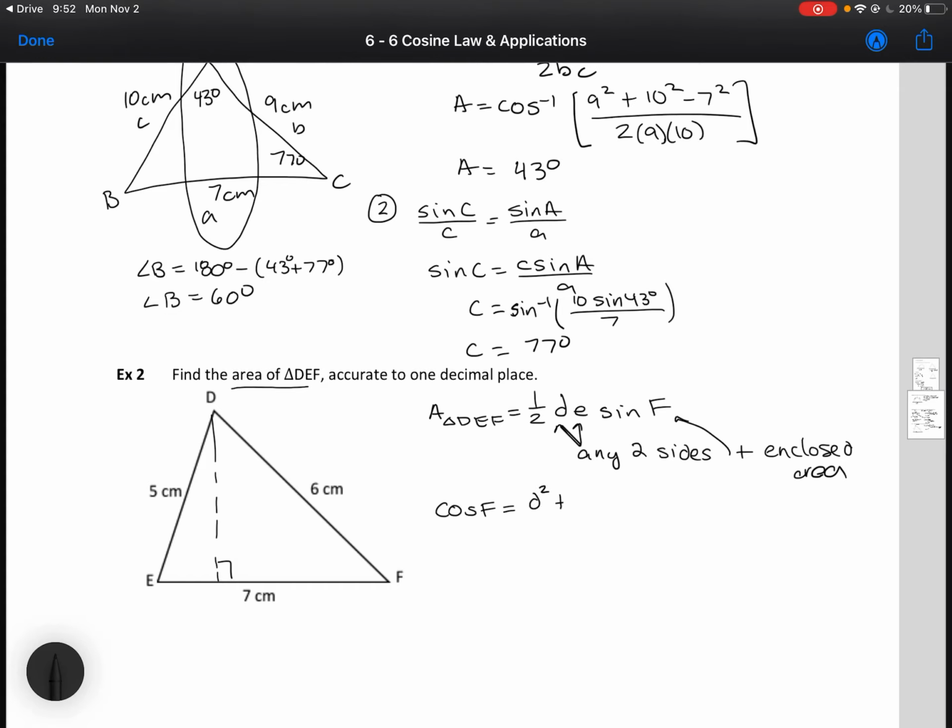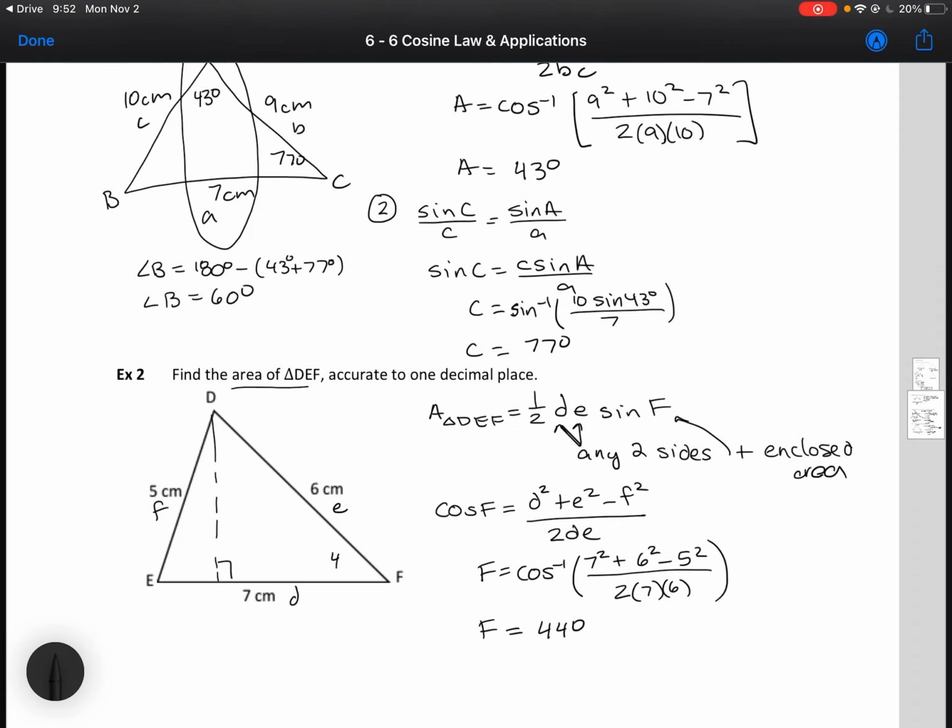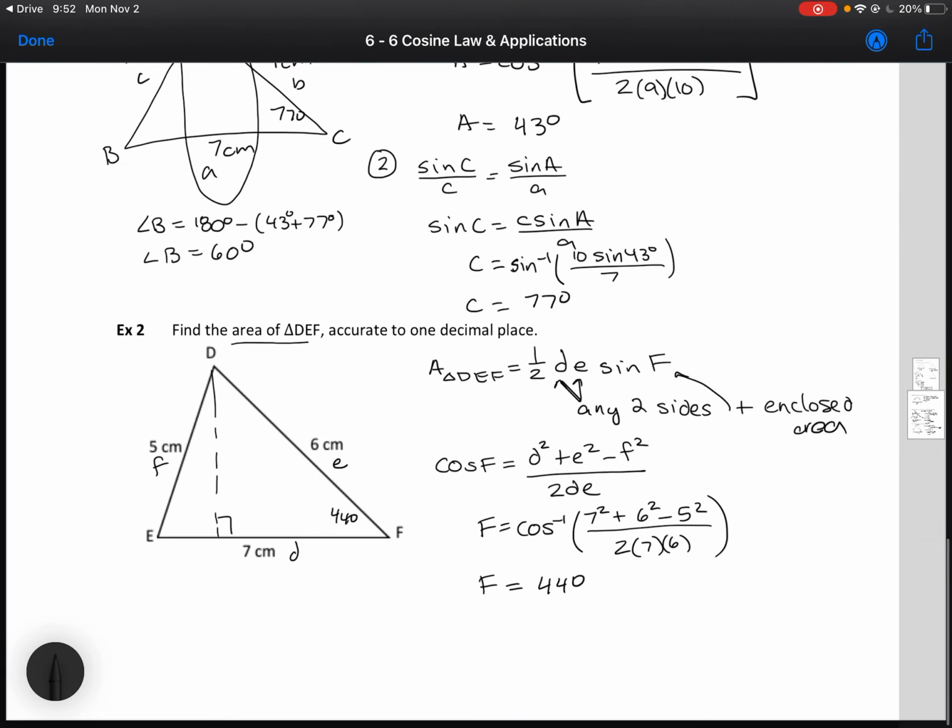So we're starting off with cosine F. On the right hand side we've got our other two sides with F as our bookend on the numerator, and then 2 times D times E. Substituting in what I know, I've got 7 squared plus 6 squared minus 5 squared, because my sides are D, E, and F in the triangle, all over 2 times D times E here. Evaluating that on your calculator should give you 44 degrees as your angle for F.